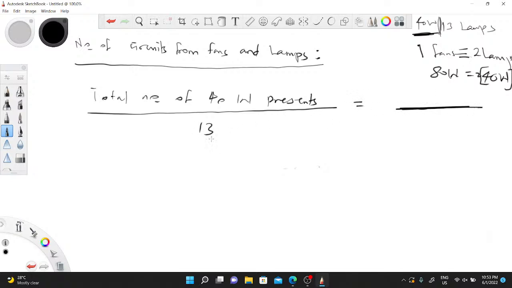I want to connect 13 elements to one circuit. Am I making sense? Consider that I want to connect 40 watt, 40 watt, 40 watt, 13 of them in one circuit. Right? So how do I find the total number of 40 watts present? I have to sum the total number of lamps and the fans together. All of them, everything in the building.